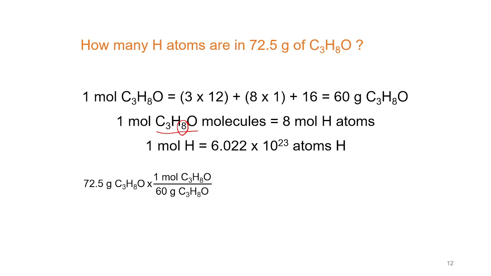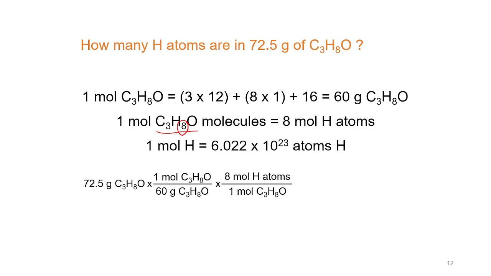Okay, so using this conversion formula, where 1 mole of that compound has 60 grams of that compound, and we need to cancel that mole out, because we are actually interested in getting the number of atoms of hydrogen. So cancel that 1 mole of C3H8O, leaving us with 8 moles of hydrogen atoms.